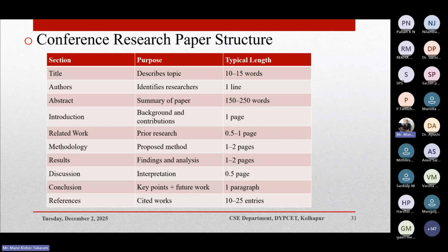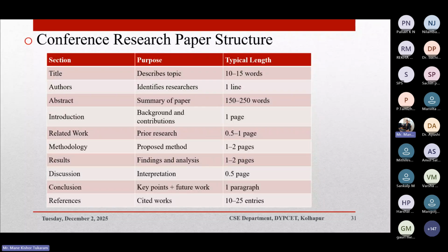So it must be at least half a page, and then we need to add the conclusion. The conclusion, that is the key points along with the future scope, needs about half a page. Okay, so one continuous paragraph must be included under the conclusion. Inside the conclusion there should be no citation of references and no multiple paragraphs.